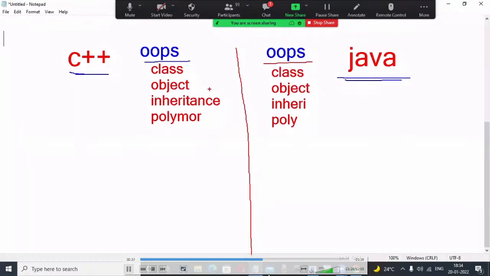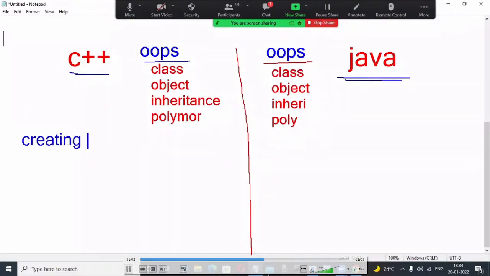Okay, C++ and Java conceptually: what is class, what is object, what is inheritance, what is polymorphism, encapsulation, binding, something like this. But observe here. Anybody guess it? Suppose in C++, I want to create an object from the class. What is the syntax? Do any technical persons have an idea? So many persons have an idea, I think.